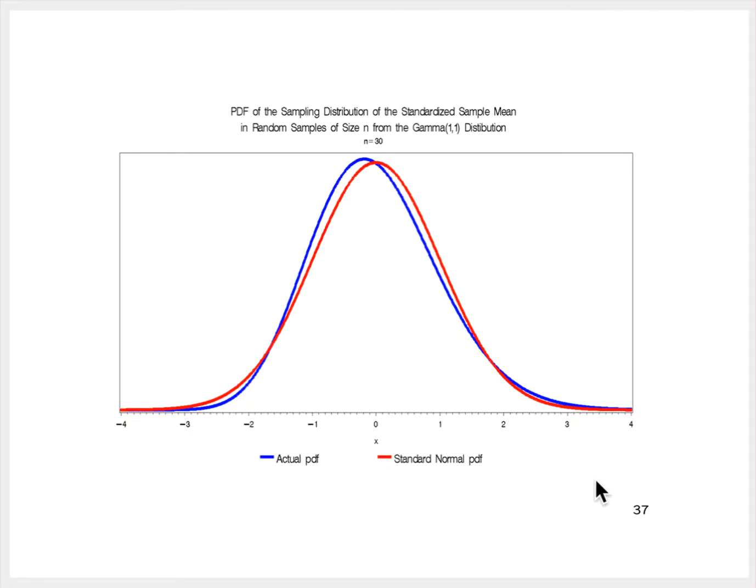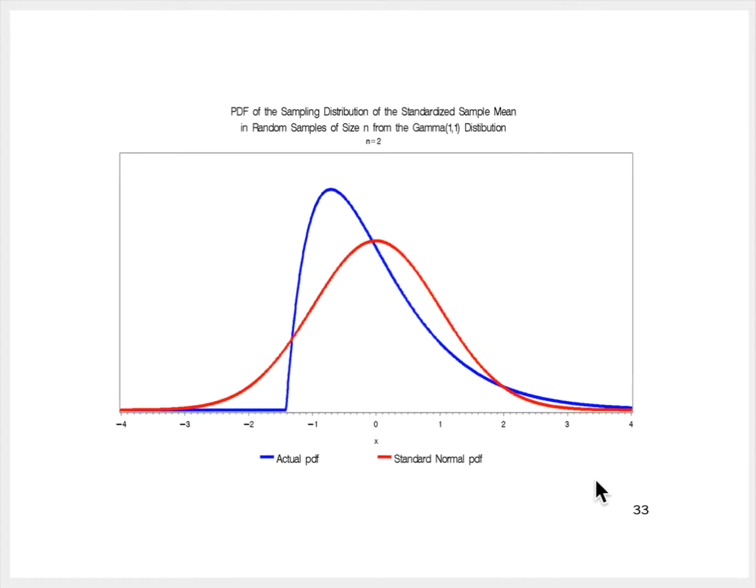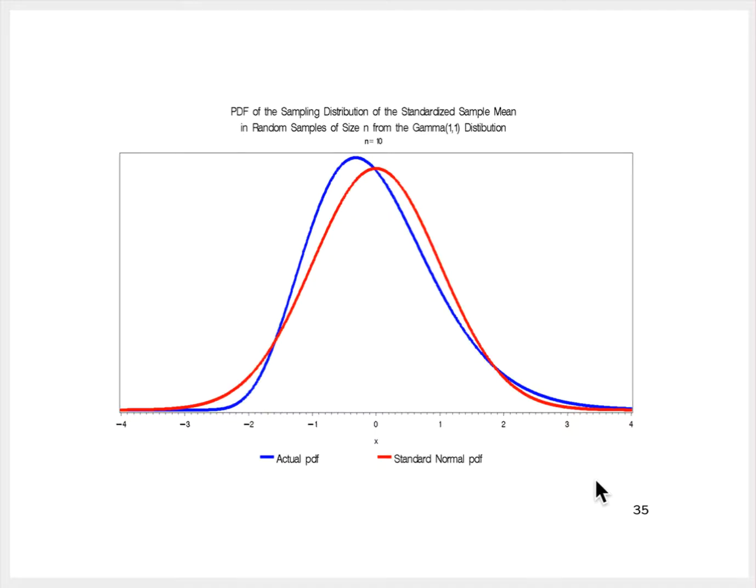For samples of size 30, even closer. Samples of size 50, and sample size of 100. And so you can see that as the sample size increases, the PDF of z sub n, which again is the standardized version of x bar, gets closer and closer to the PDF of the standard normal distribution.